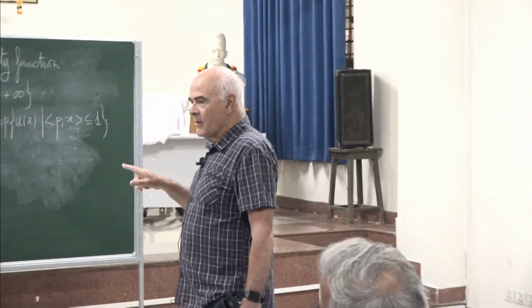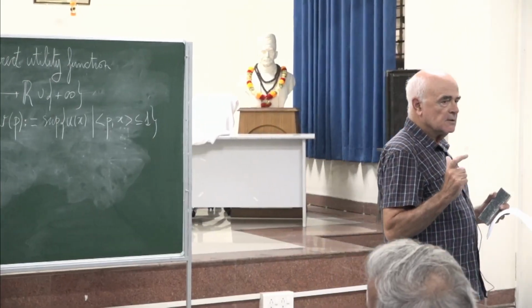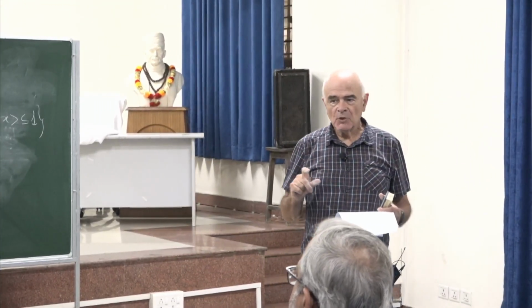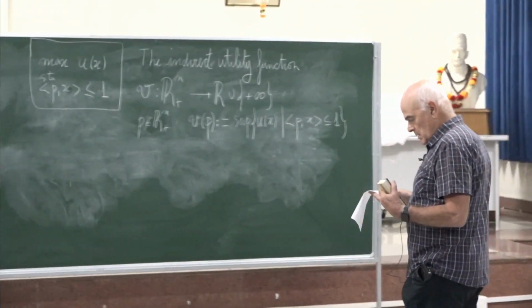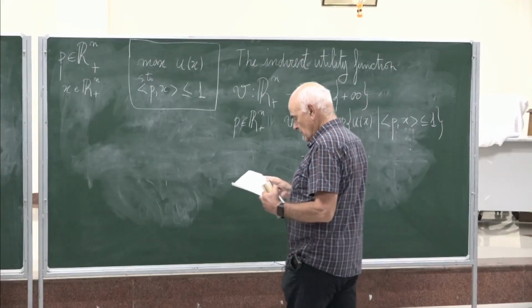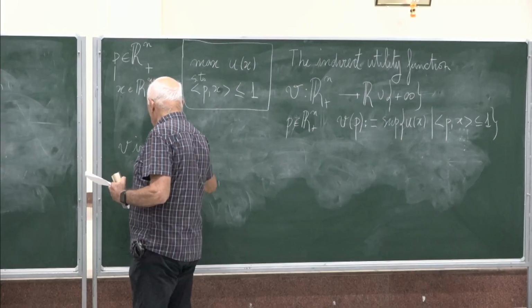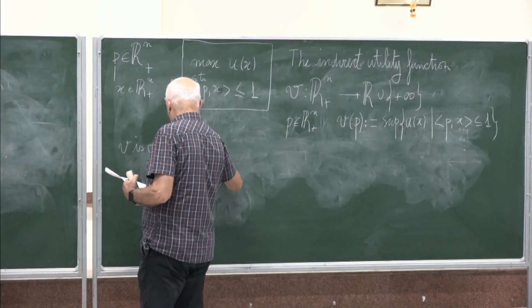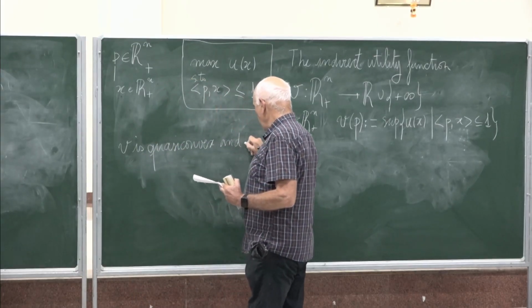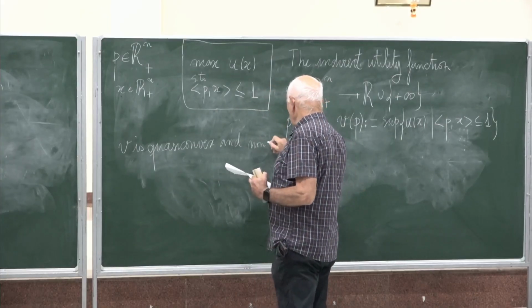Now, I will tell you which are the properties of V. But here, I will depart a little bit from the scheme we followed in producer theory, for simplicity. V is quasi-convex and non-increasing.